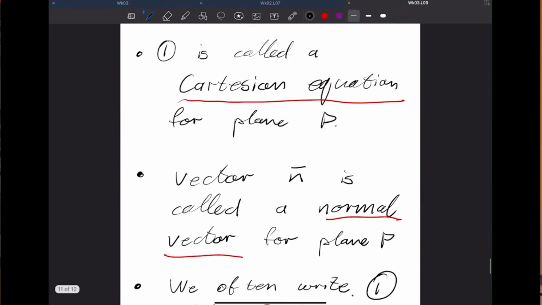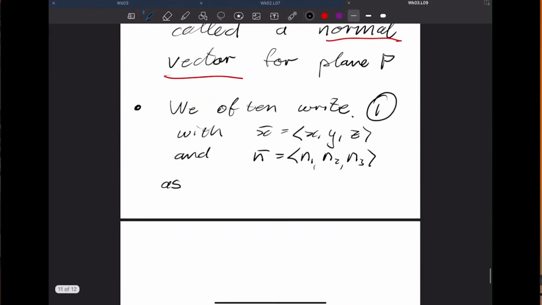So what we do is we compute the dot product, so that is going to be n1 times x plus n2 times y plus n3 times z, and with n dot with r on the other side.